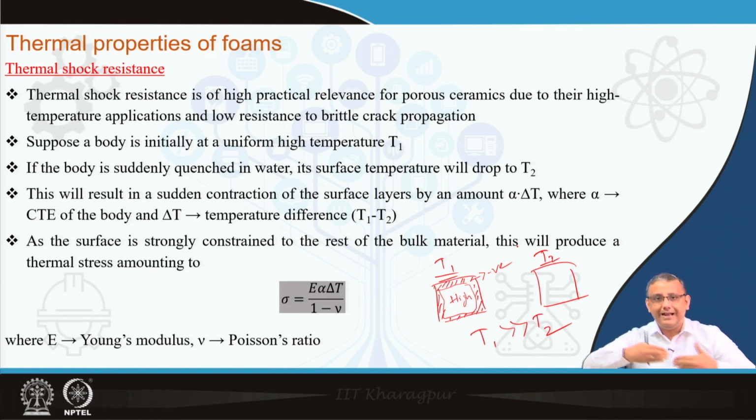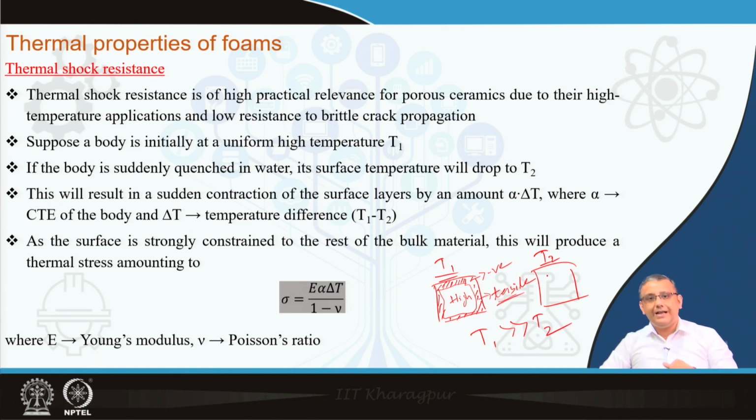This expansion mismatch, where the outer section is trying to contract and the inner section is not contracting that fast, will put this hatched outer part into a tensile stress, a tensile residual stress.